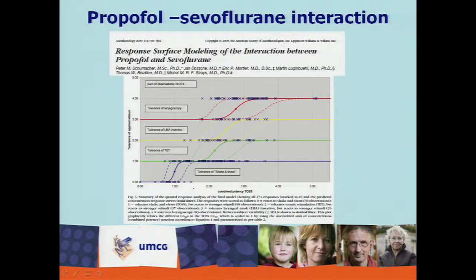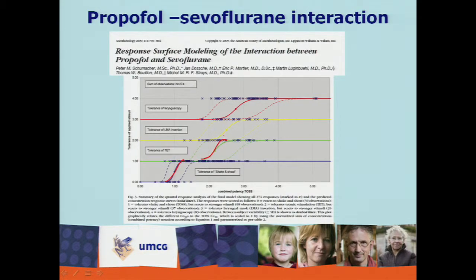If you represent the interaction in such a way, you can combine the potency of various drug combinations into a two-dimensional plot, as we did here in the anesthesiology paper we published. So, for example, this is the combined potency for tolerance to shake and shout when combining propofol and sevoflurane.